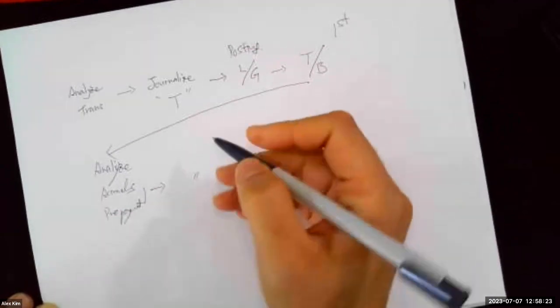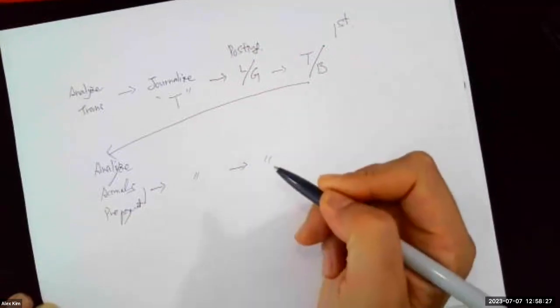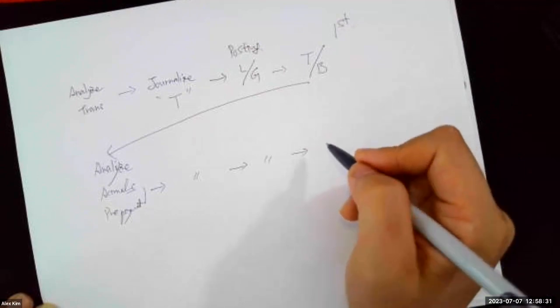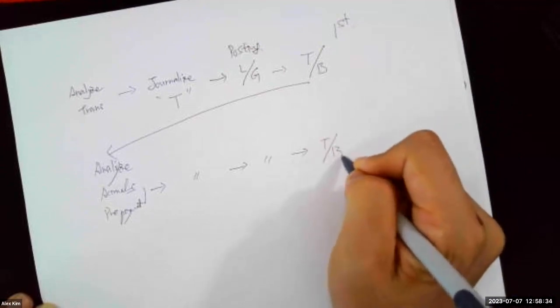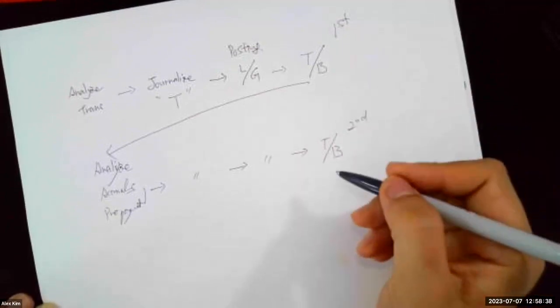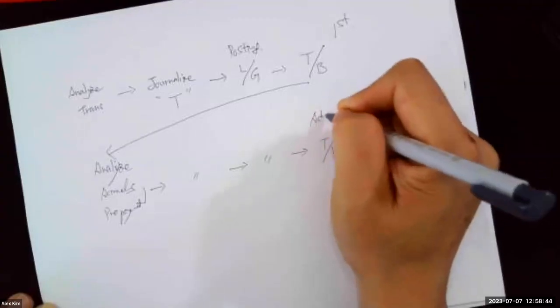Then journal. Your journal updates what? Ledger. Your ledger updates what? Trial balance, second. What's the name of the second version trial balance? Adjusted trial balance. Thank you so much.